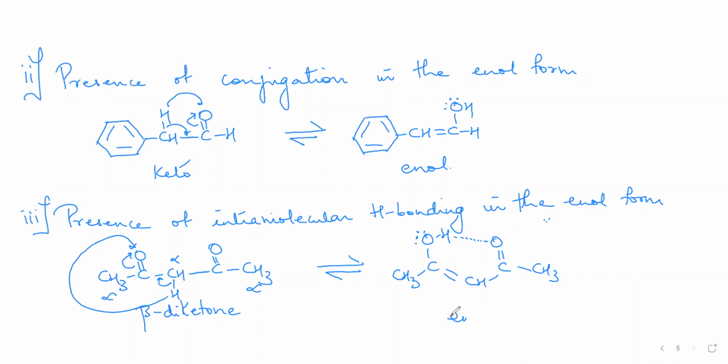So here also the enol form is more stable than the ketone. So this will predominantly occur in this form. Its percentage will be higher as compared to this. Its predominance will be higher because this form is more stable. Enol is more stable because it is a conjugated system as well as it is stabilized by intramolecular hydrogen bonding.